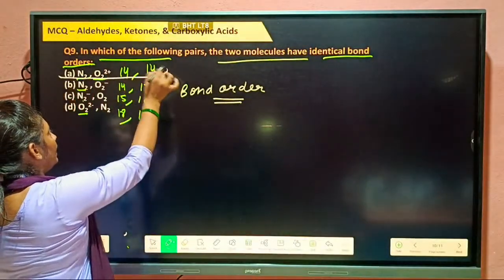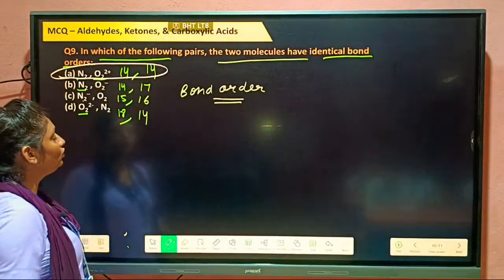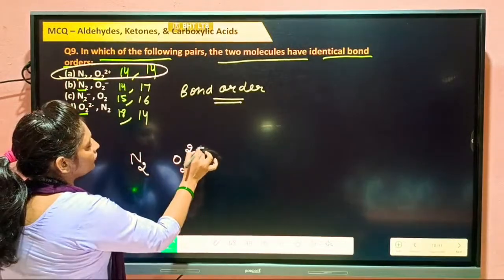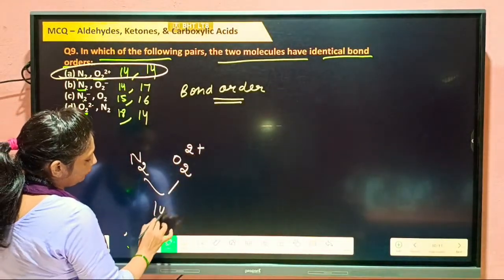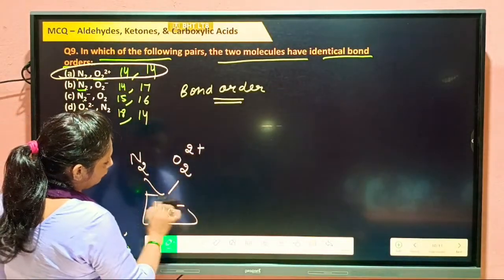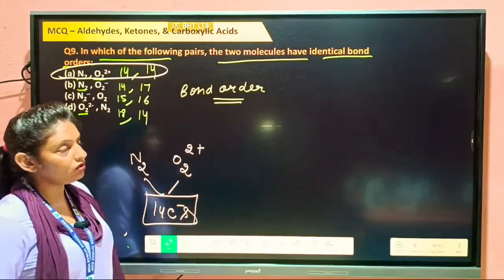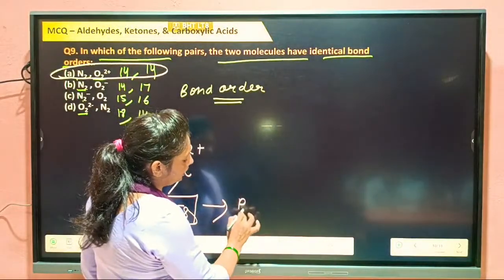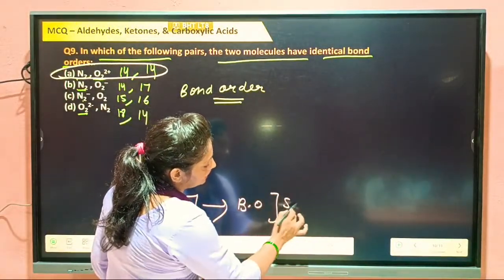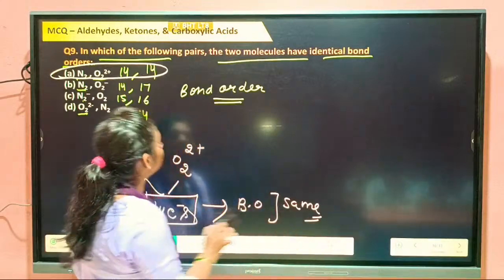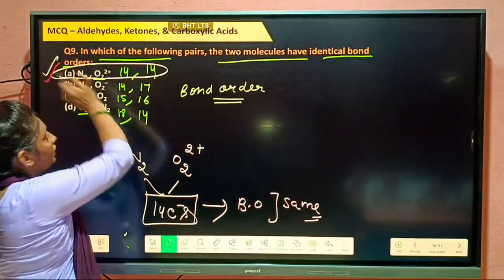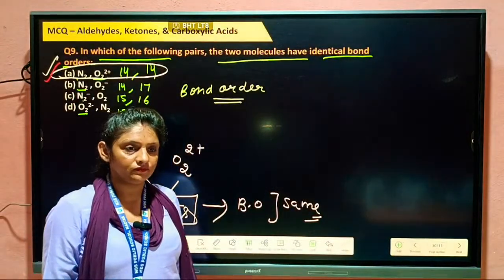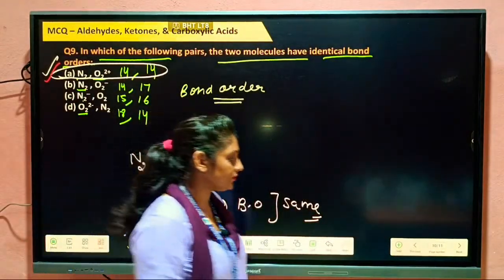A. In A, N2 and O2 2+ both have the same number of electrons, 14 electrons. So their bond order will also be the same. So option A is the right option for this question. Clear to you or not? Any doubt? Yes.